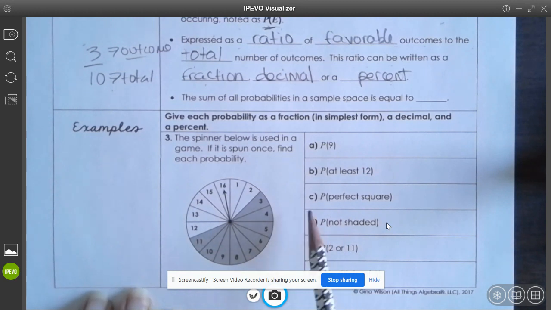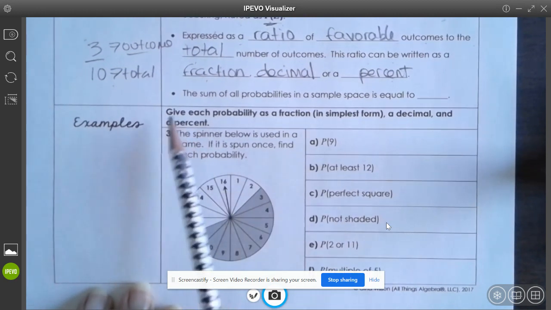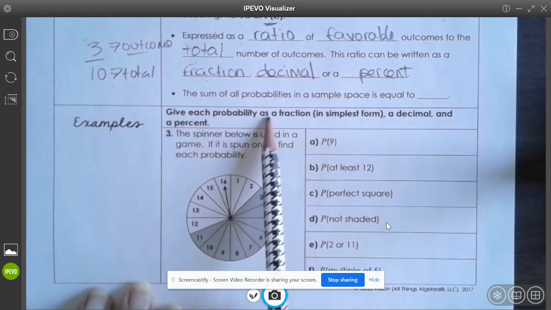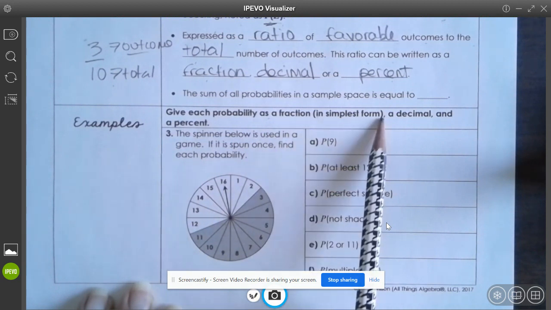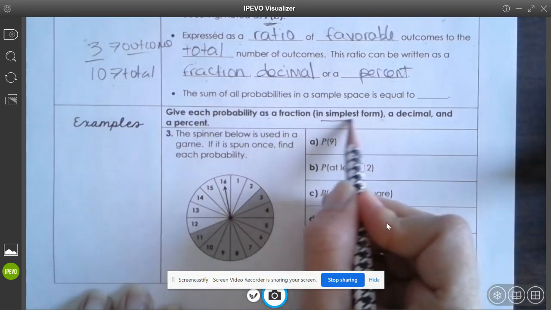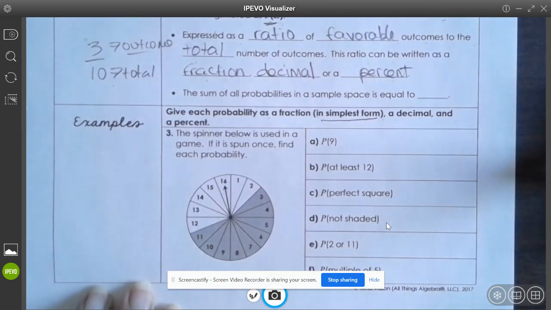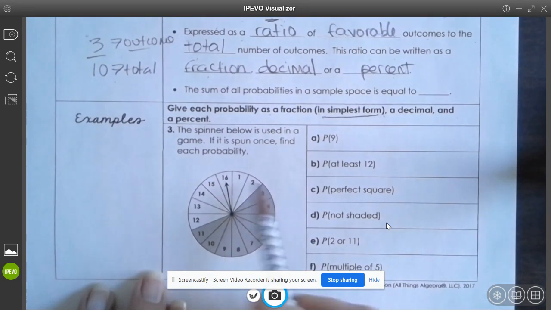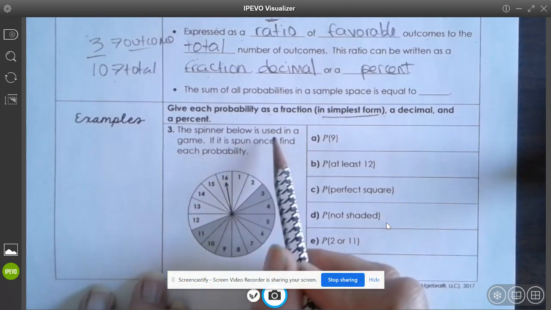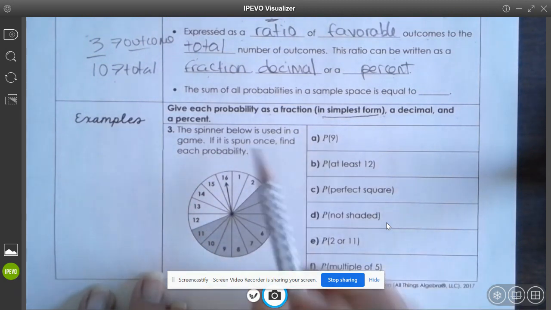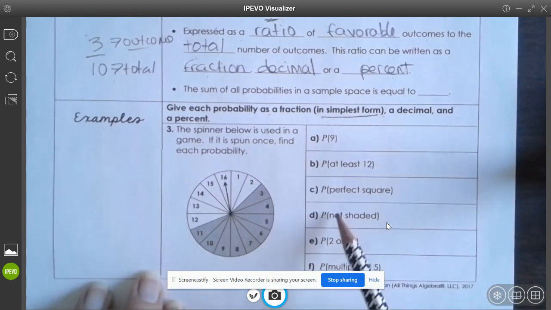As an example on this one, I'm going to give this example. So give each probability as a fraction in simplest form, a decimal, and a percent. Remember, simplest form, you have to divide that fraction if you can. All right, so with this, you got to look at the spinner here. So if it's spun once, find each probability.